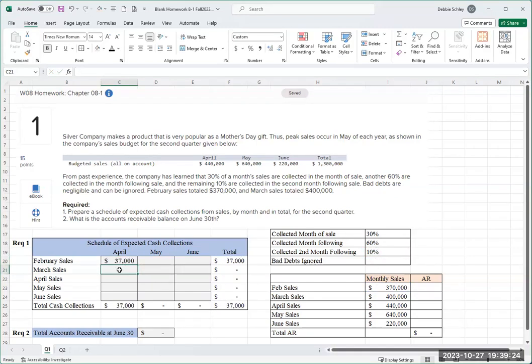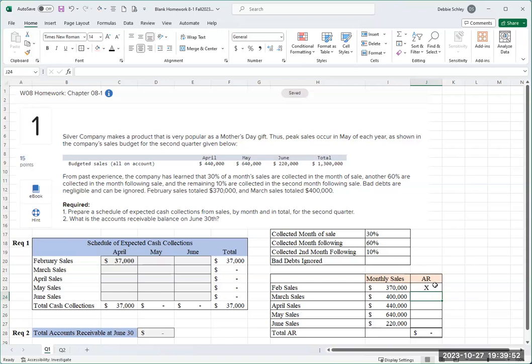Okay, and that means we have collected all of February sales, right? Because we collected 30% in February, 60% in March, and the last 10% in April.